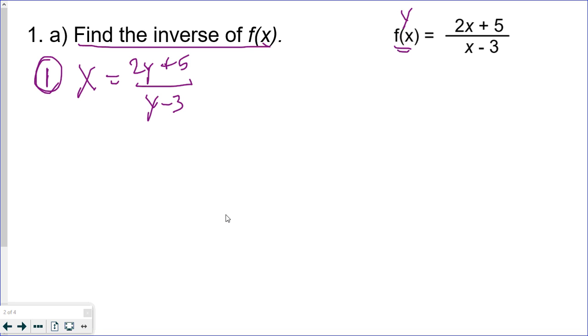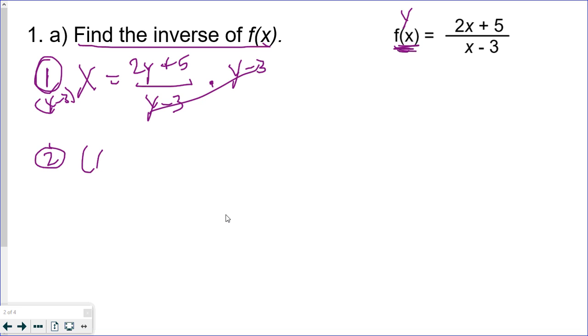Now, number 2, really the last step, is just get y by itself. You want to get it back to like some f of x or y equals equation. There's 2 y's here, but it's not terribly hard to do. You want to start by multiplying both sides by the denominator. I'm trying to squeeze this in here. You can tell that.